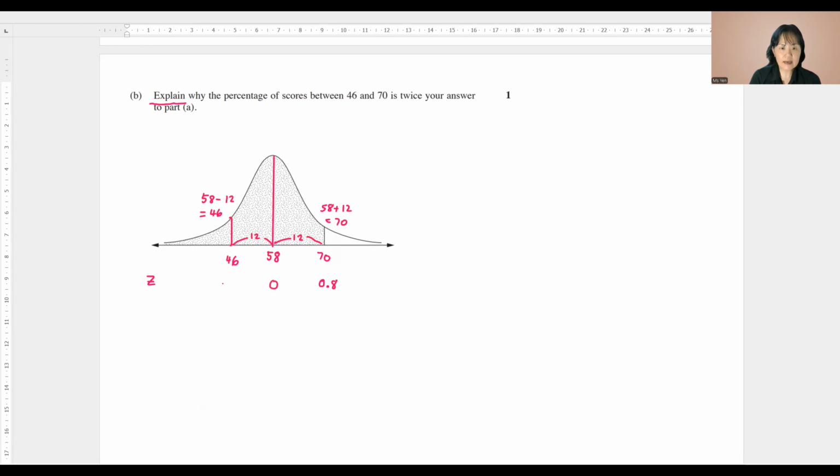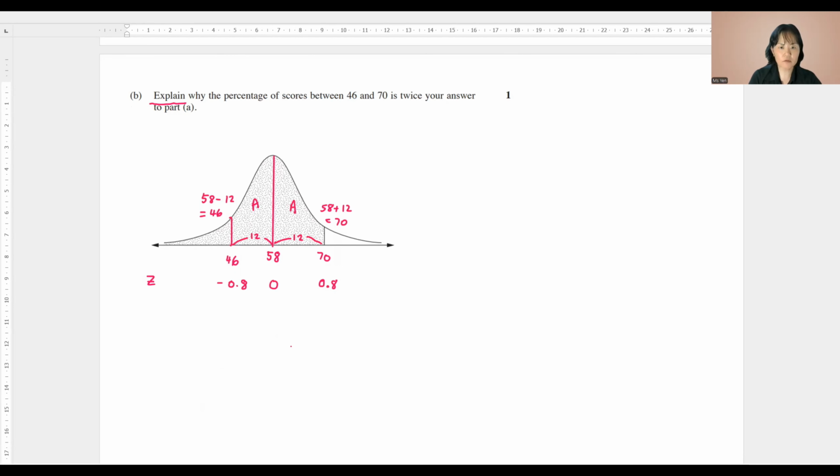So I can say the z-score for 46 is minus 0.8. So what does that mean? It means this area between 46 and 58 is identical, symmetrical with the area between 58 and 70. That means it's going to be twice bigger.